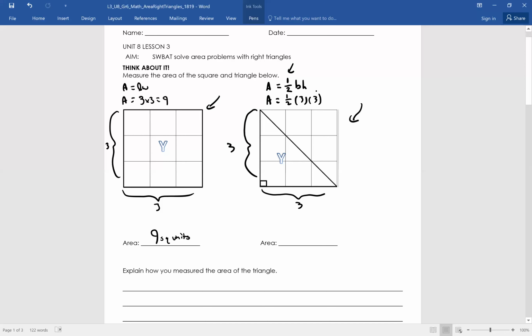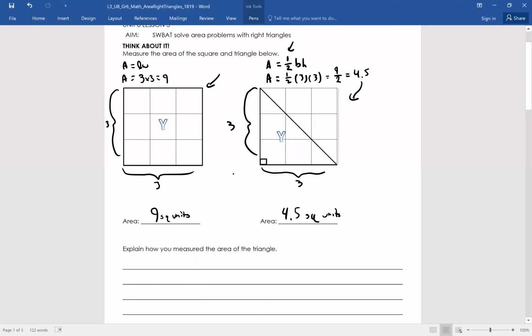The height is 3. So 3 times 3 is 9, but 9 times 1/2 gives me 4.5. So that'll be 4.5 square units. Some of you might put 4.5, either one works. So it looks like the formula is simply half of whatever the square or rectangle is.